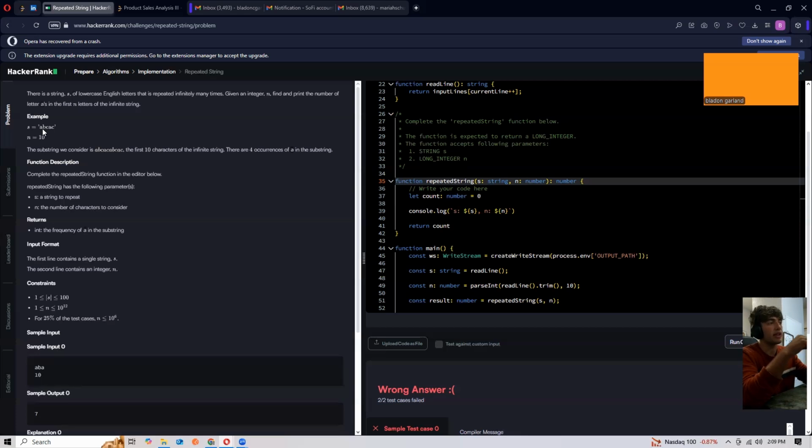And then another thing is if N did not perfectly divide S, like say our string is length 5 and the substring is length 12, then you would take a modulo operator and say, okay, I want the full length of the string. So we know that in the full length there are exactly 2 A's. But since 12 modulo 5 is 2, I also want the first 2 letters of the string.